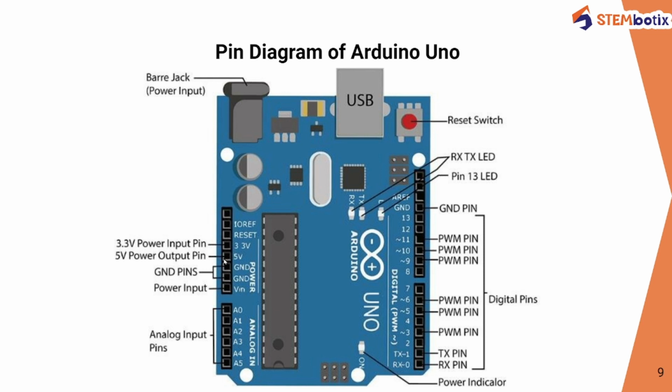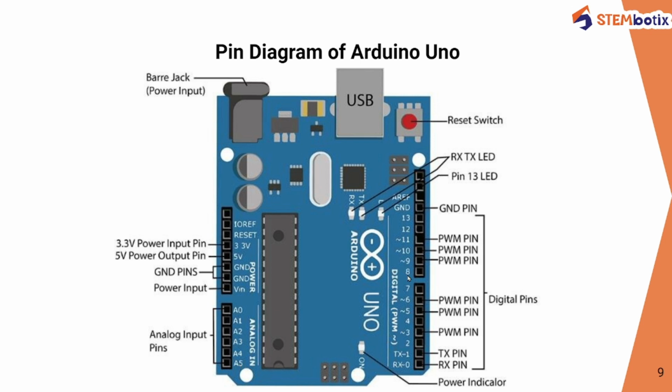Means from here you can take 5 volt as an output. Anything you connect to your board that requires 5 volt, you can take this 5 volt power output from here. After that, you have analog pins, and the analog pins are labeled from A0 to A5. A suggests analog.